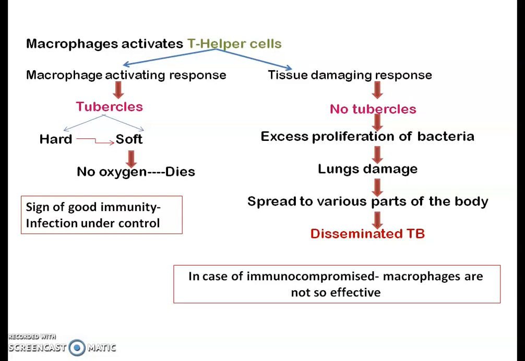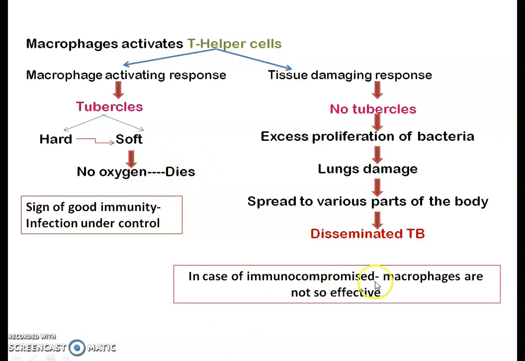Then the macrophages activate T helper cells, and they have two types of response. In good immunity, if the people are healthy, the macrophage activating response will be there, and it will lead to the death of this bacteria. The infection will be under control.